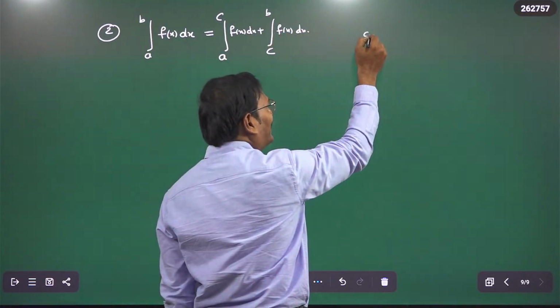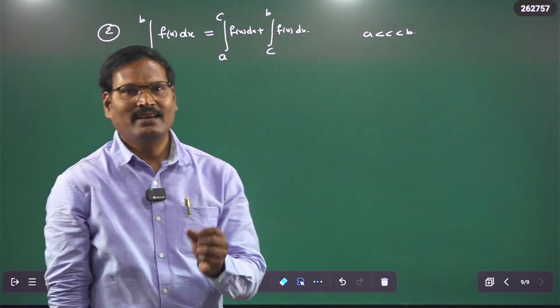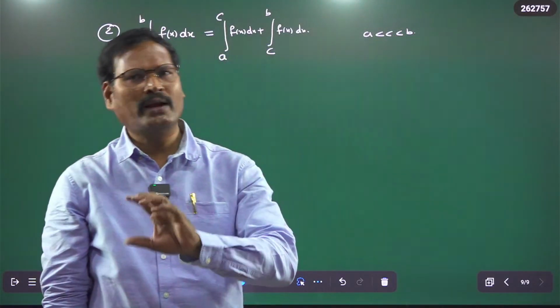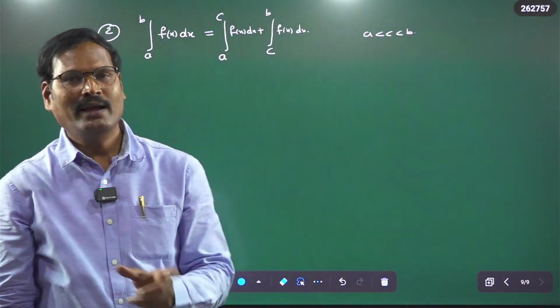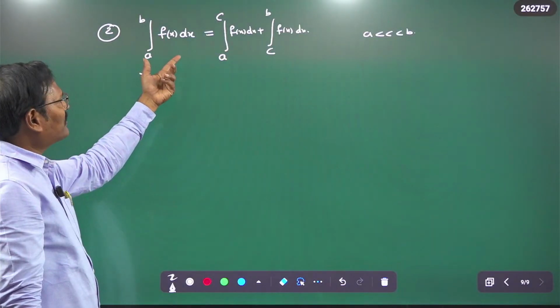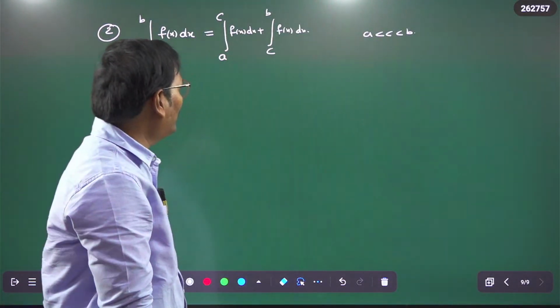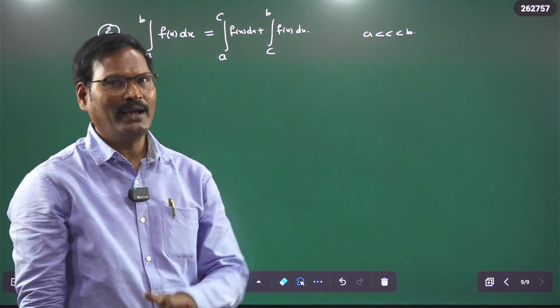Here c lies between a and b. So c is any value you can take in the interval a and b. So integral a to b f of x dx can be written as integral a to c f of x dx plus integral c to b f of x dx.